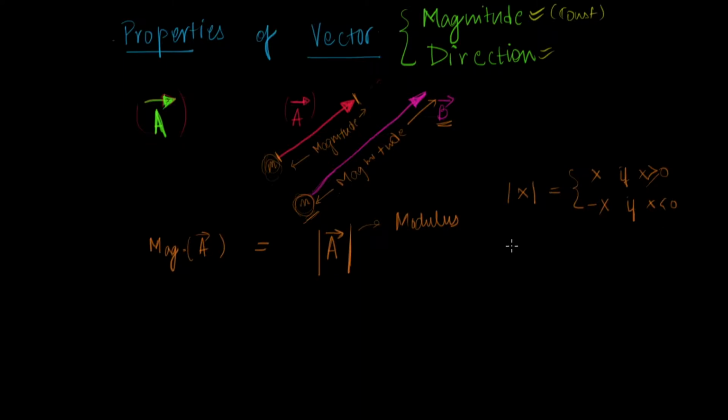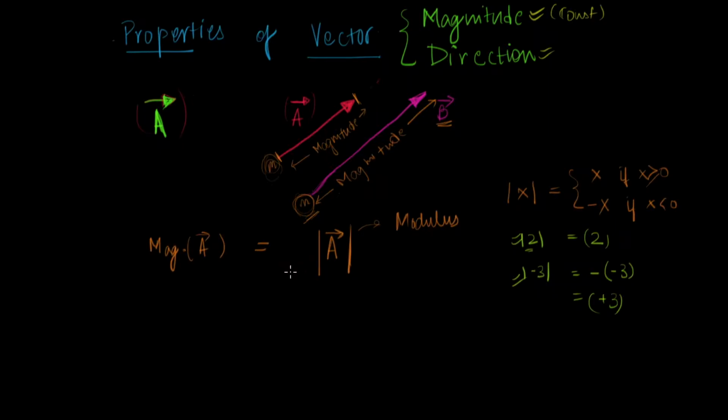That is to say, if you have the modulus of 2, then because 2, hence x, is greater than or equal to 0, the modulus of 2 is 2. But the modulus of negative 3, because that's negative, would be negative of negative 3, and hence would be positive 3. So clearly, modulus gives you a positive value.